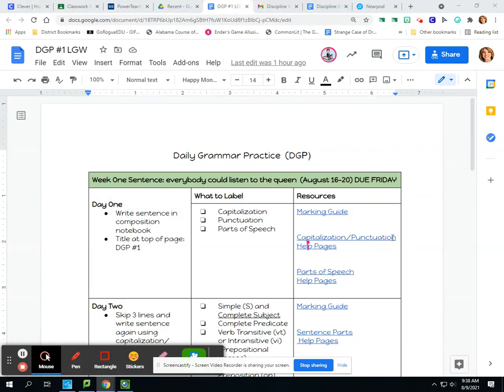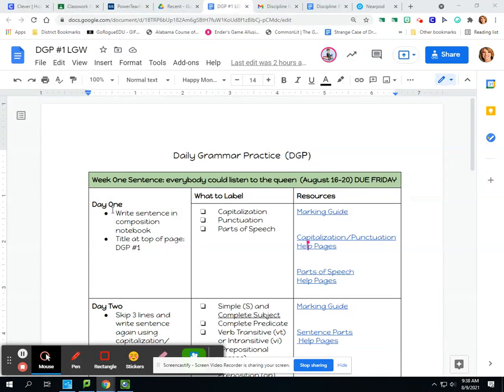There's capitalization and punctuation help pages if you don't remember or would like to refresh your memory on those rules. And then the parts of speech help pages gives you detailed definitions and examples of each one of the parts of speech to help you with labeling the parts of speech, because we're going to do all of this today.